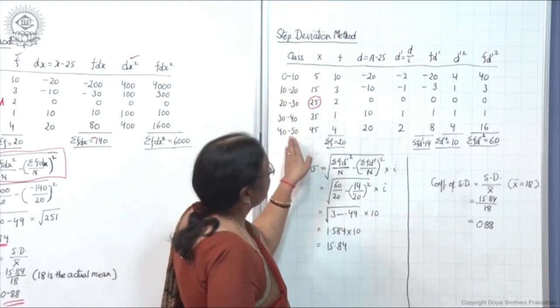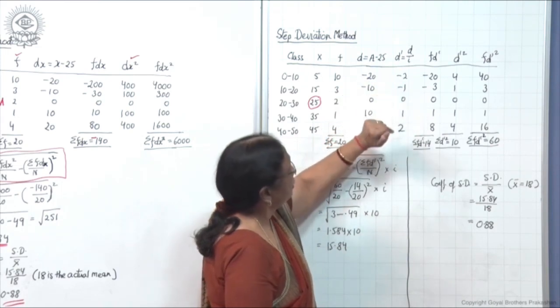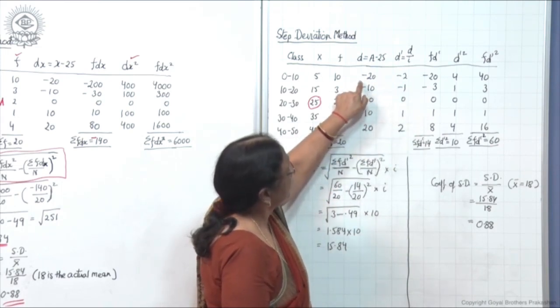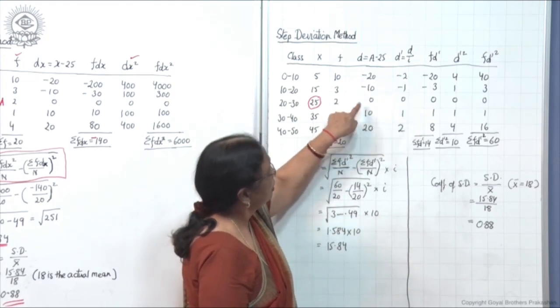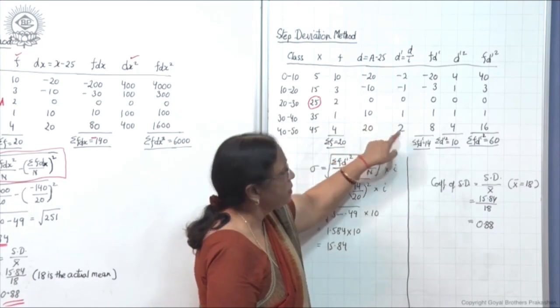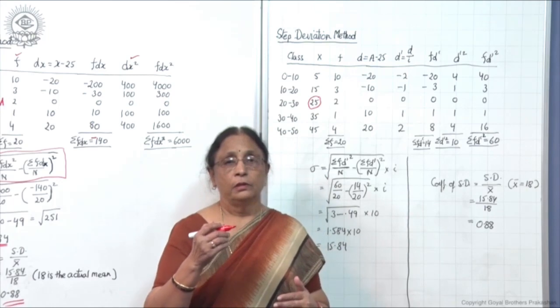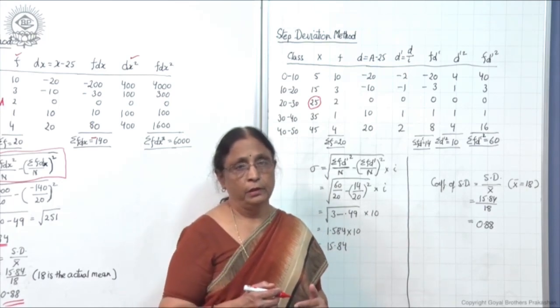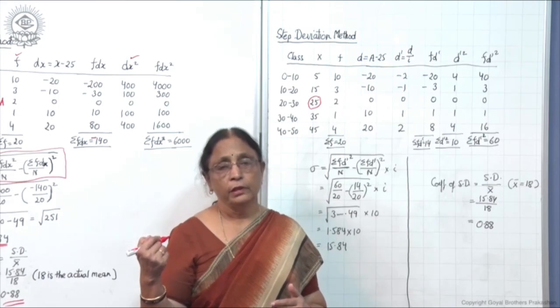So divide the D column by 10: minus 20 divided by 10 is minus 2, minus 10 divided by 10 is minus 1, 0, 10 divided by 10 is 1, 20 divided by 10 is 2.